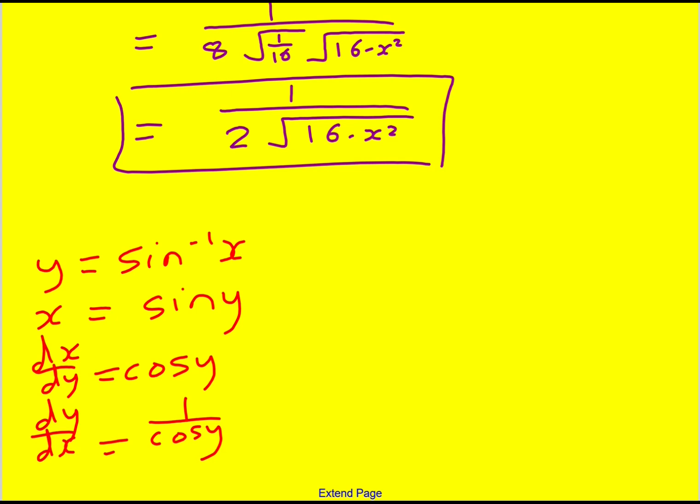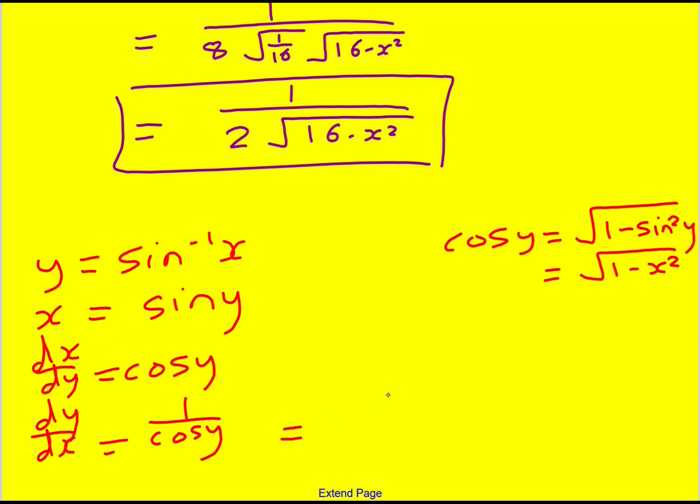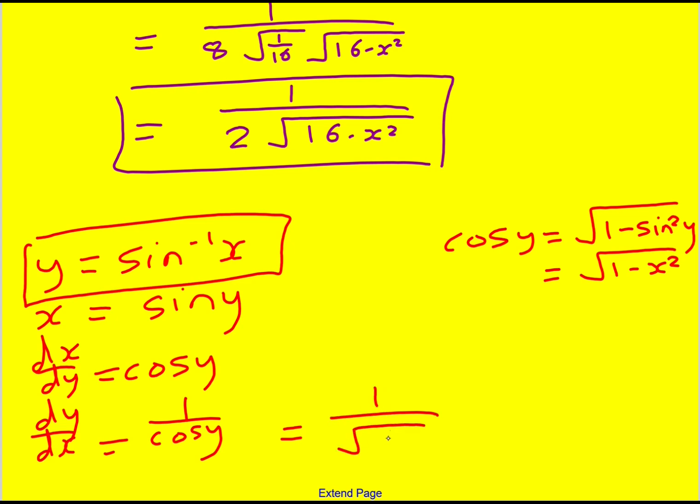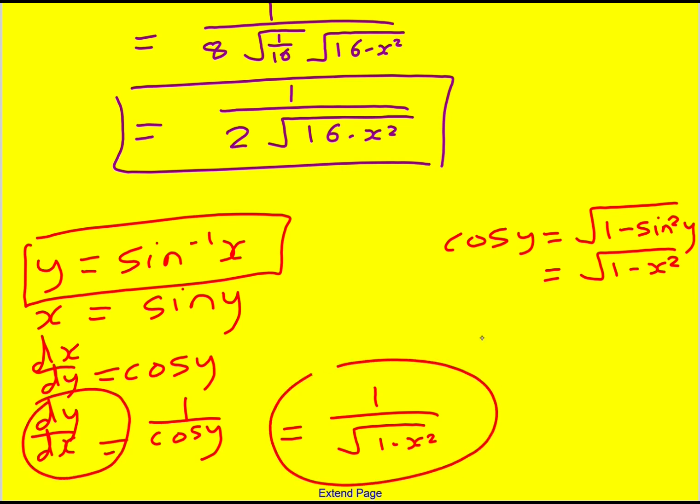But that's in terms of y. We really want it in terms of x, so we do exactly the same sort of process. Cos y is going to be the square root of 1 minus sine squared y, which in this case is going to be 1 minus x squared, and that gives us our answer. Dy by dx of y equals inverse sine is going to be 1 over square root 1 minus x squared. That's kind of what we're actually doing here.